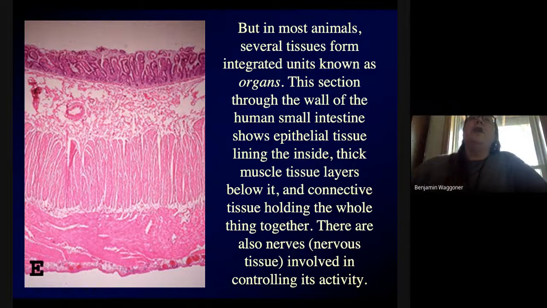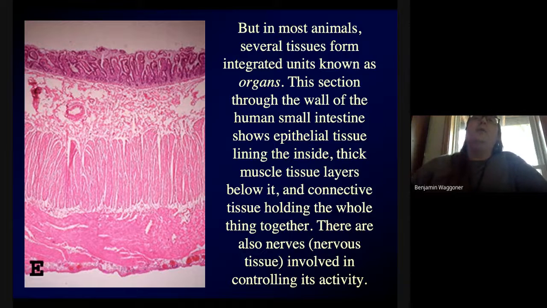And the topmost layer of cells that you can see is epithelial tissue. It lines the inside of the small intestine, secretes things like mucus that help your food pass through, and absorbs the molecules from the breakdown of the food that you've just eaten. So that's epithelium on the inside.